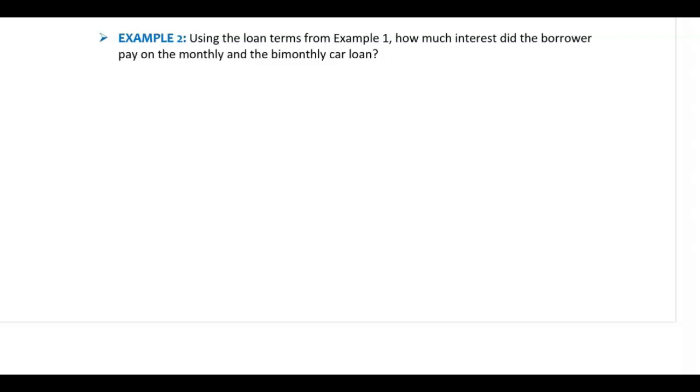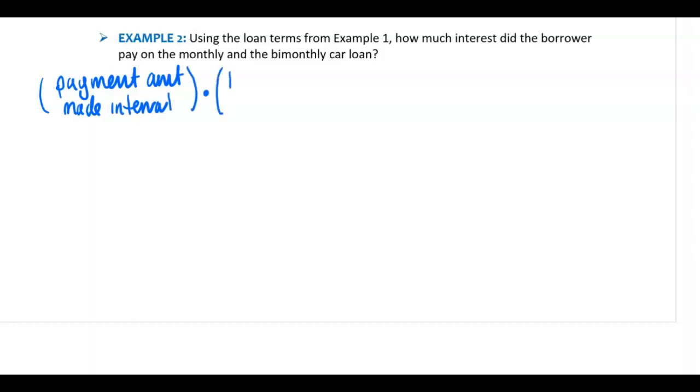So to find the total amount paid for the loan, we need to multiply the payment amount made at each interval times the number of payments made per year times the number of years for the loan.